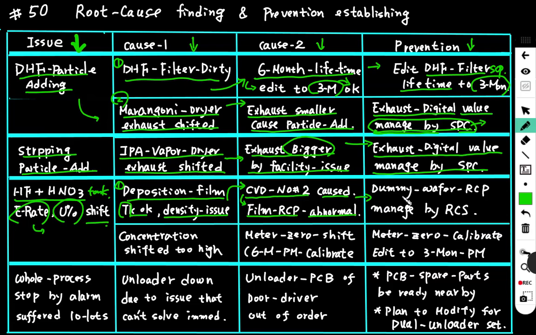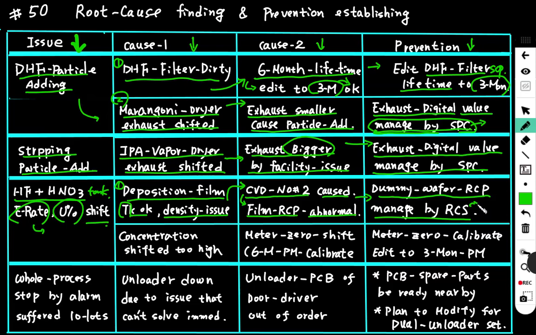Finally, the prevention action is to connect the dummy wafer producing recipe to the RCS, recipe control system, and let all the recipes be managed by the RCS system.